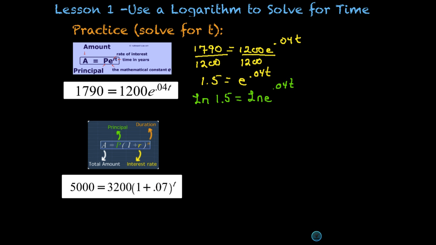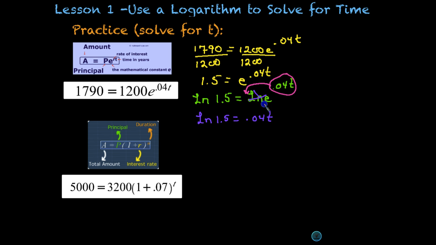Okay, remember the power rule. I'm going to take this power, this 0.04 t, and I'm going to drop it down in front and make it a factor instead. My new equation then will be natural log 1.5 equals 0.04 t, and then what happens to natural log of e?